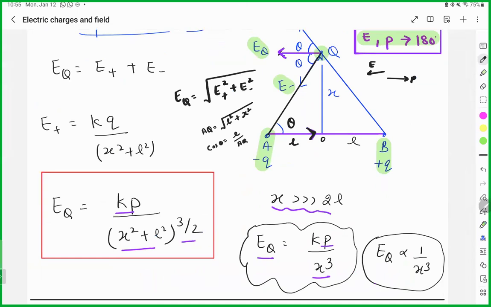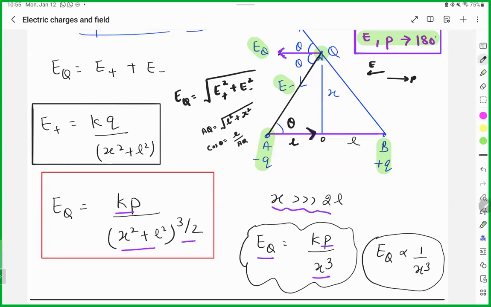Why? Because first you take normal x square and then the square root. E positive and E negative values will be exactly the same this time, because the distance is the same and the charge is the same.